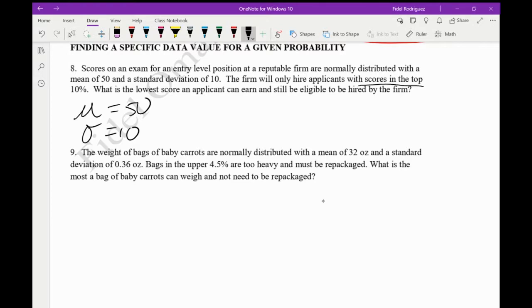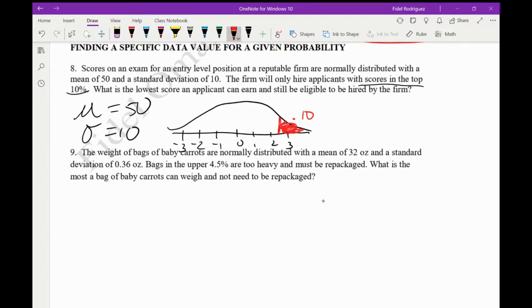Okay, so I want to think about that for a second. Here's my curve, right? And it says, in order for you to be considered, you have to score in the top 10%, right? That means that your score needs to be right there, somewhere in that area.